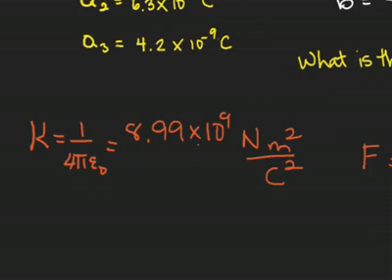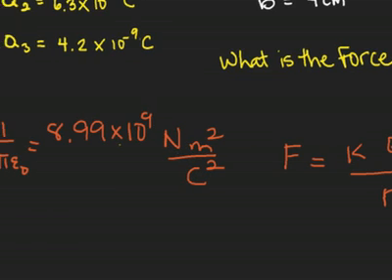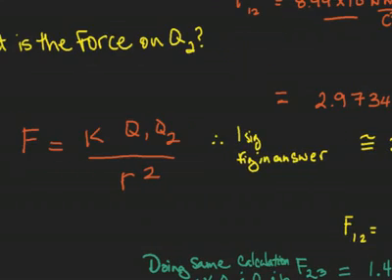An easy way to remember the units for K is that you need to cancel the meters squared out of the bottom and the coulombs squared out of the top, and it's a force, so we need newtons. That's how you can remember that one.